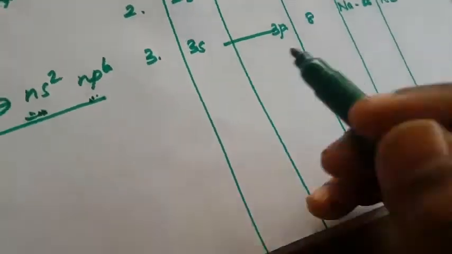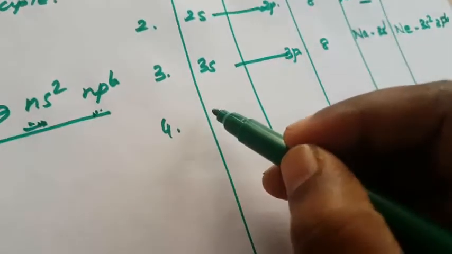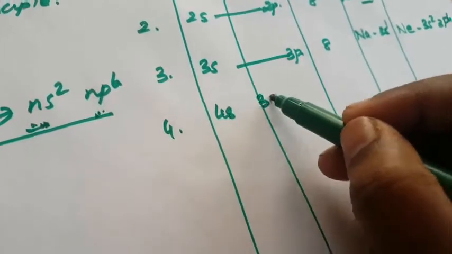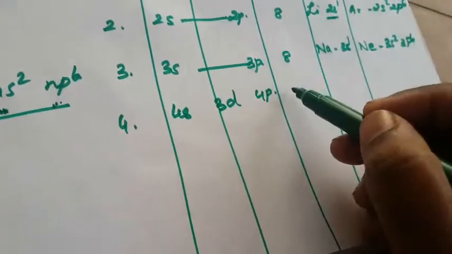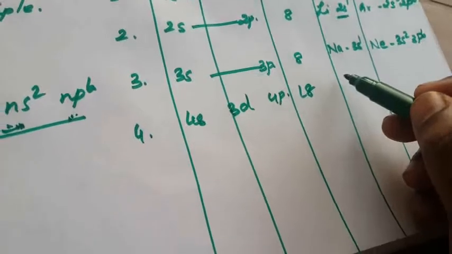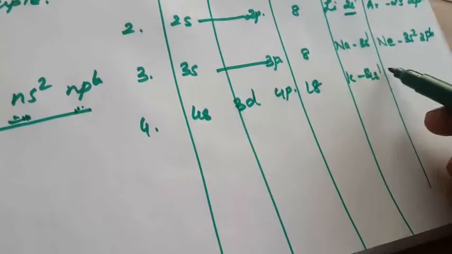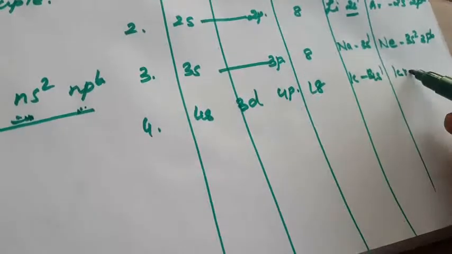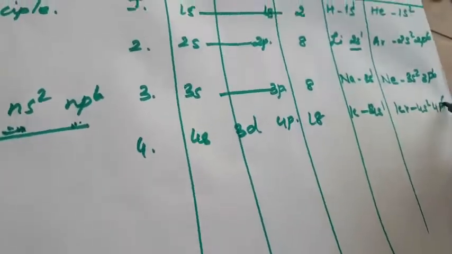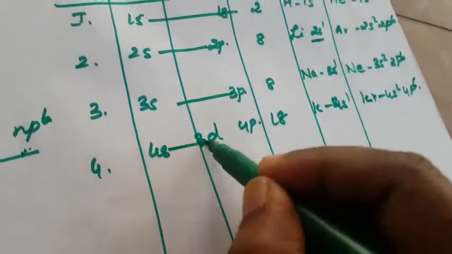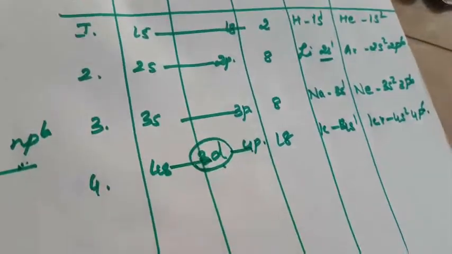The fourth period is again 4s, then 3d and 4p. There are 18 elements. It starts from potassium, 4s1, and ends with krypton, 4s2 4p6. In between there is the 3d orbital, which has 10 elements, starting from scandium to zinc.